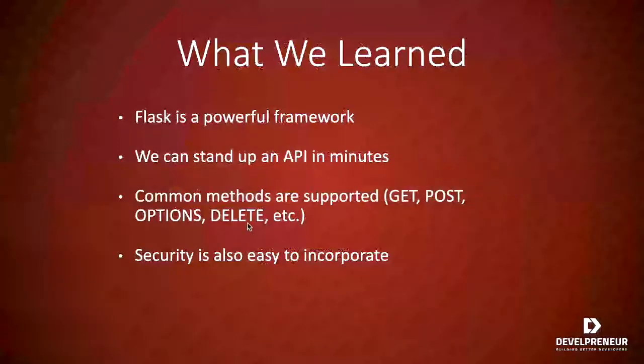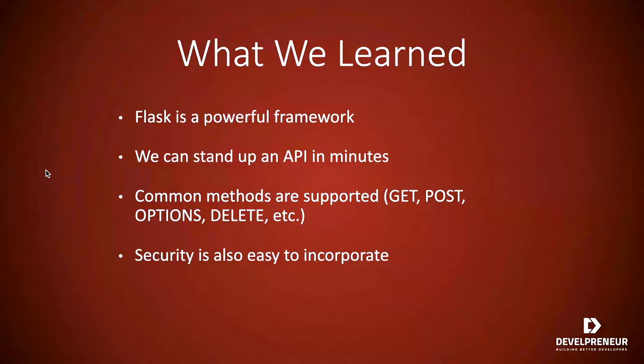And so that brings us around to what we have learned. Well, hopefully you've learned that Flask is a pretty powerful framework. In a matter of a couple of minutes, we were able to put together an API, which is very useful, particularly when you think back to proofs of concept and minimum viable products. We don't want to spend a lot of time putting together the infrastructure.